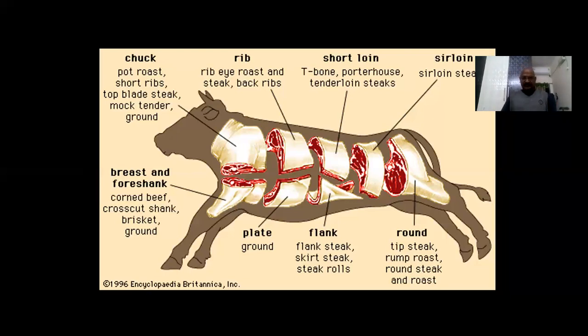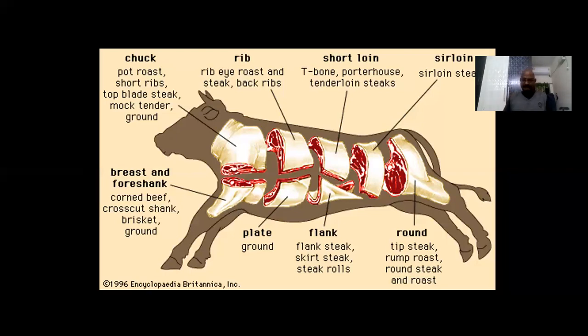Flank: flank steak, skirt steak, and steak rolls. Flank also comes from the belly part, which does not contain any bones. It is a soft meat, so with it you can make all the steaks: skirt steaks, steak rolls, and flank steaks.